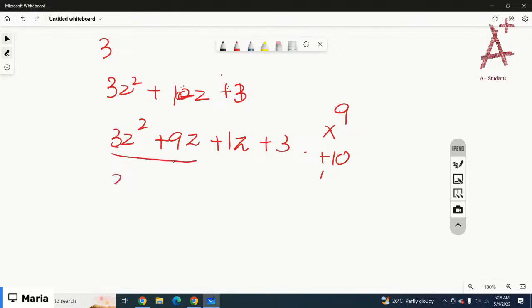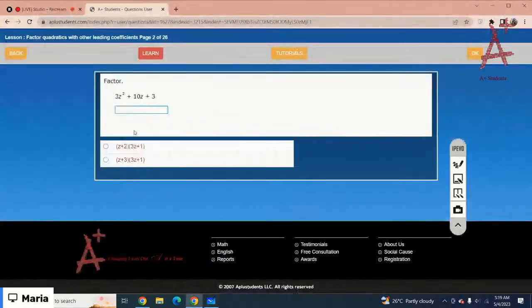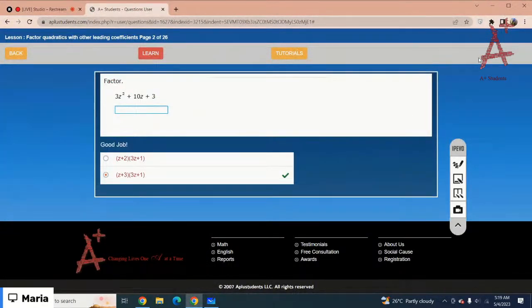So you can take common 3z from here, you are left with z plus 3, and you take common 1 here, you are left with z plus 3. So it would be z plus 3 and 3z plus 1. Got it? It would be z plus 3 and 3z plus 1.